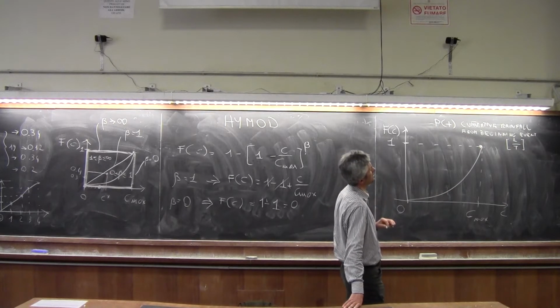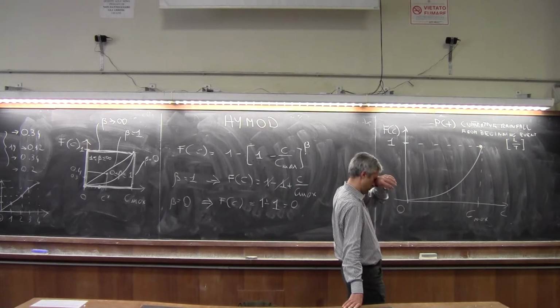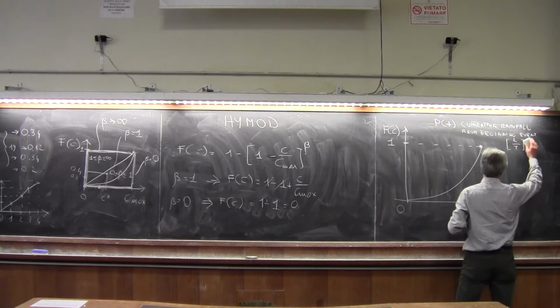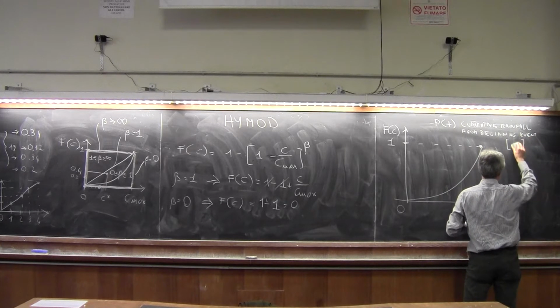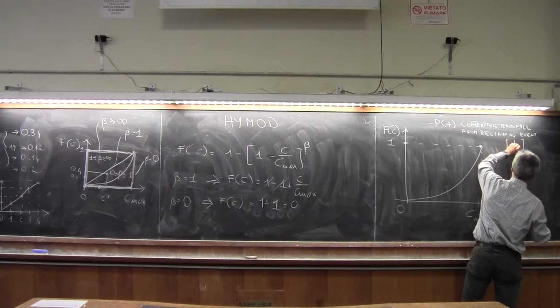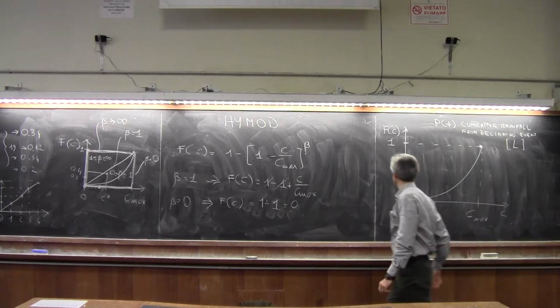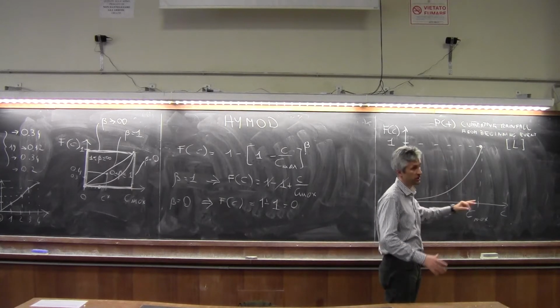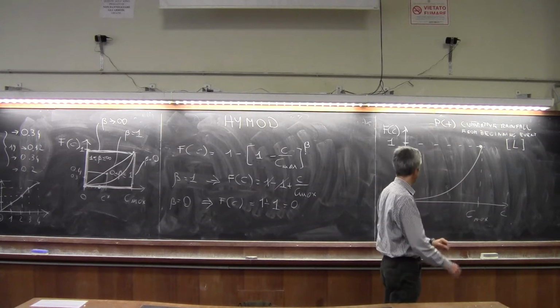Let me think if there is time or not. No, there is no time. Sorry. It's just rainfall depth, because I have to put it here in this abscissa, so I need the same unit.